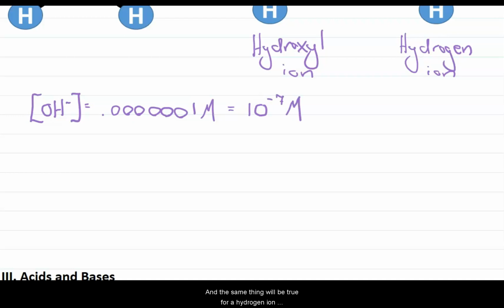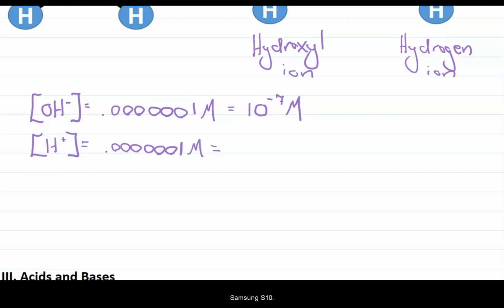And the same thing will be true for our hydrogen ion concentration, because your hydrogen ion concentration is always going to equal your hydroxyl ion concentration in pure water. So again, that's 0.0000001 molar, or the same thing as 10 to the minus 7th molar.